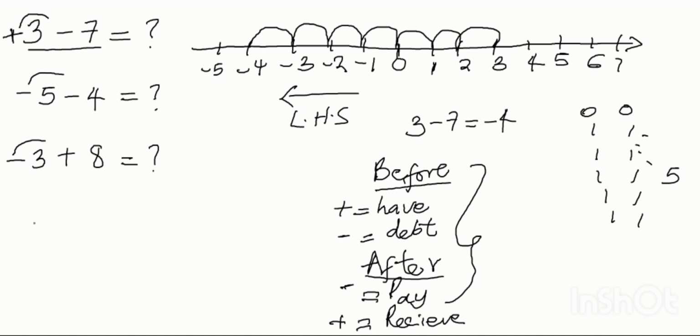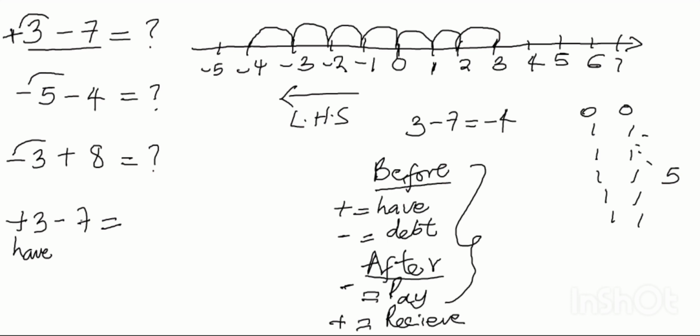Now let's understand that 3 minus 7, this is +3 minus 7. What's going to be the answer? Now, like I said earlier, you're going to consider the first number there as the amount of money you either have or the amount of money owed. In this case, positive, that means I have 3 naira. Alright, in this part of the world that I'm domiciled, naira is the currency that we use.